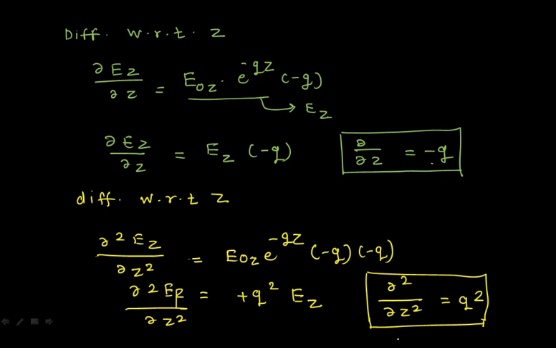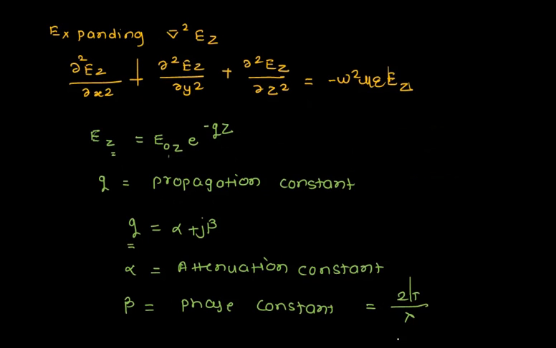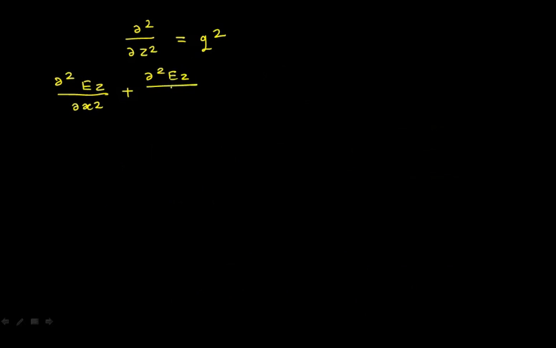Now we are going to analyze our rectangular waveguide. If you do recall our equation here, you are having one operator which is nothing but d square by dz square. You can replace this with gamma square. We have defined this operator here. So you rewrite that equation where d square by dz square is equal to gamma square. Further writing that equation: d square Ez by dx square plus d square Ez by dy square plus gamma square Ez is equal to minus omega square mu epsilon Ez.